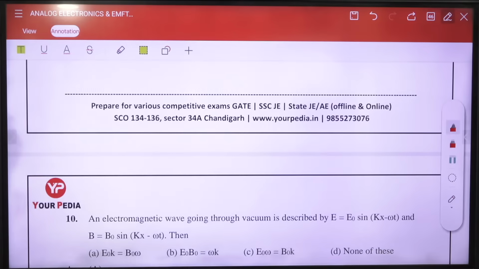An electromagnetic wave going through a vacuum is described by E equals E naught sine of kx minus omega t and B equals B naught sine of kx minus omega t. Then what is the relationship between E naught and B naught?